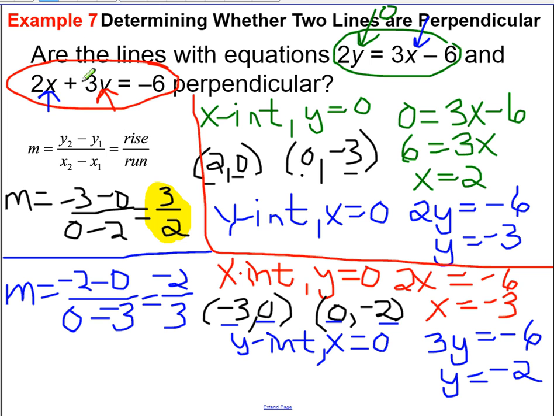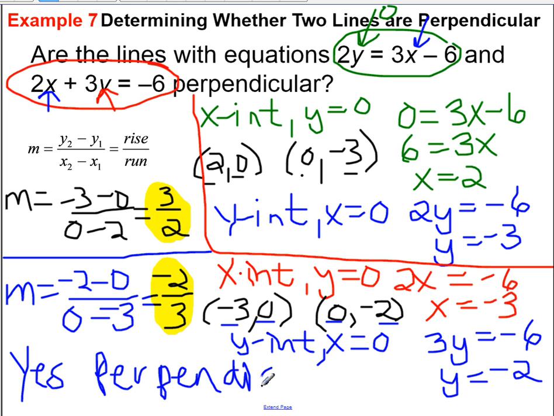Notice that these are opposite reciprocal slopes, so the 2 lines are perpendicular. Okay, so the 2 lines are perpendicular if the slopes are opposite reciprocals. 3 over 2, the opposite reciprocal is -2/3.